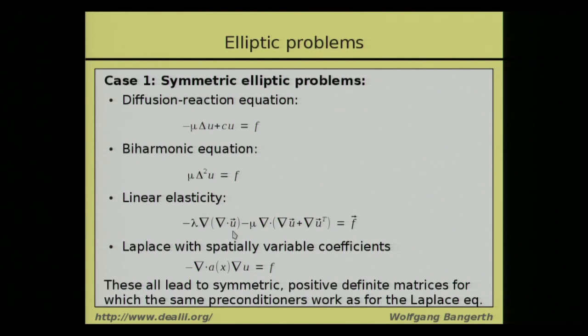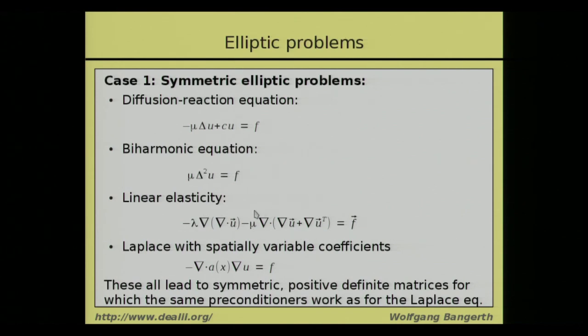Linear elasticity is the equation that describes how a body deforms under an external force. So your solution in that case would be a vector-valued quantity that for every point describes what the displacement in x, y, and z directions would be. And so the linear elasticity equations in the simplest case, in the isotropic case, would be something like this, where you have two factors lambda and mu that describe the compressible and the shear stiffness of this material.